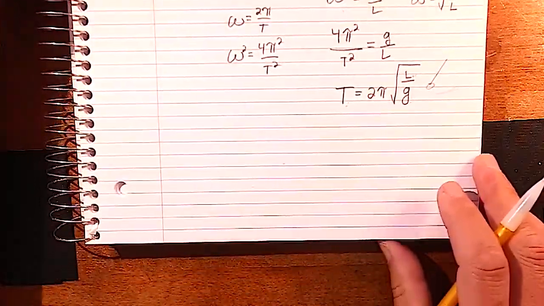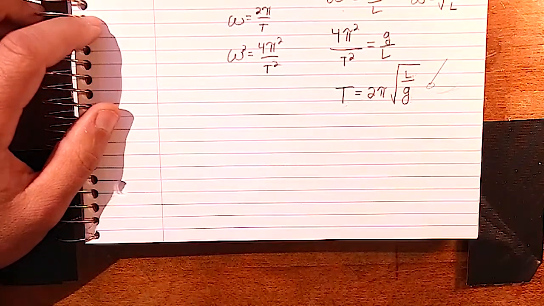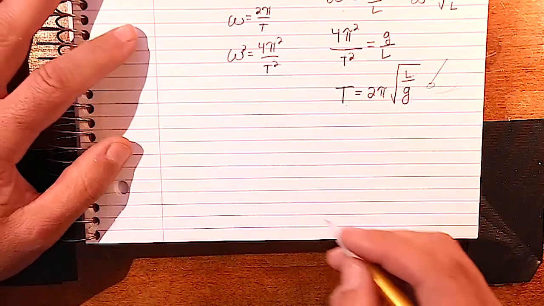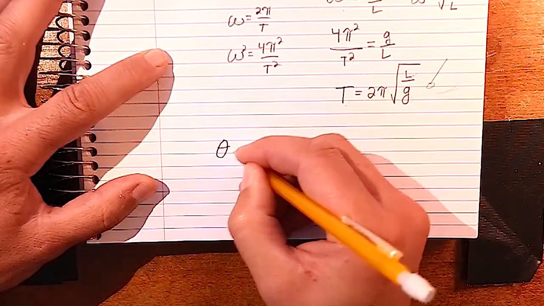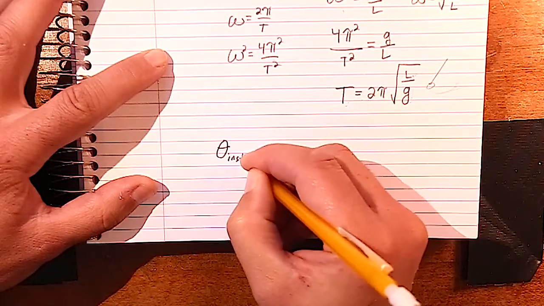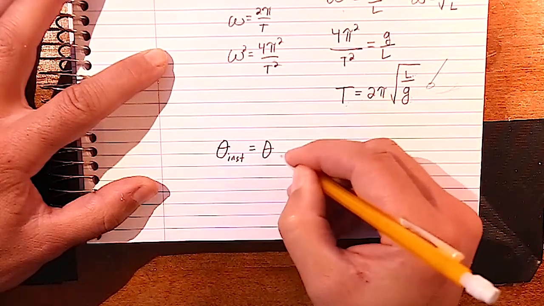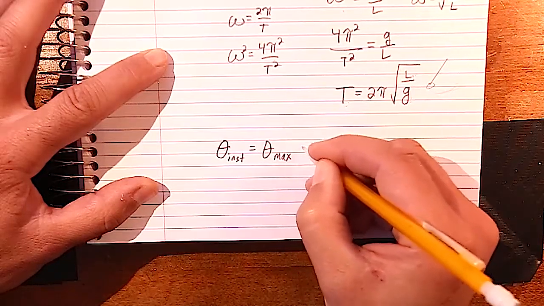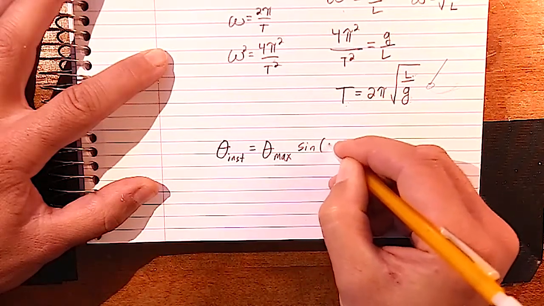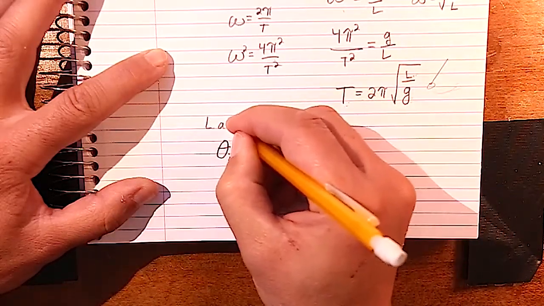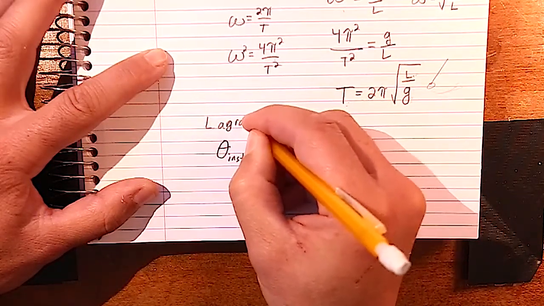Now, there's one last thing that I want to mention because this has come up on the AP exam. I've only seen it once, but it's a formula to figure out the angle at any instant, and that's equal to theta max sine omega t. Now, the derivation for this involves Lagrangian mechanics.